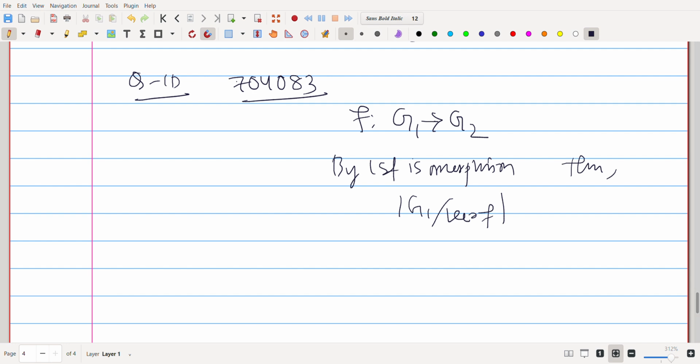So the order of G1 mod kernel f is equal to the order of f of G1. And f of G1 is a subgroup of G2, so the order of f of G1 divides the order of G2, and the order of f of G1 divides the order of G1 also. Since the orders of G1 and G2 are coprime, the order of f of G1 is equal to 1. This implies f is trivial.